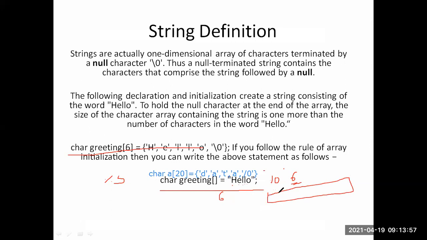See here, the first one is A of 0, which holds data. The second one is A of 1. The next one is T, the next one is A. Finally, all the remaining memory is represented as null. In this way it will represent the data.